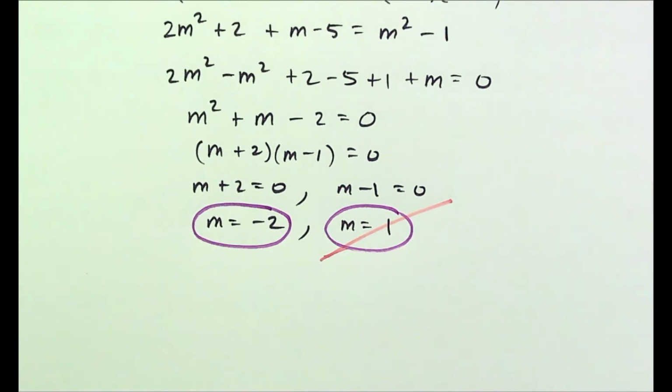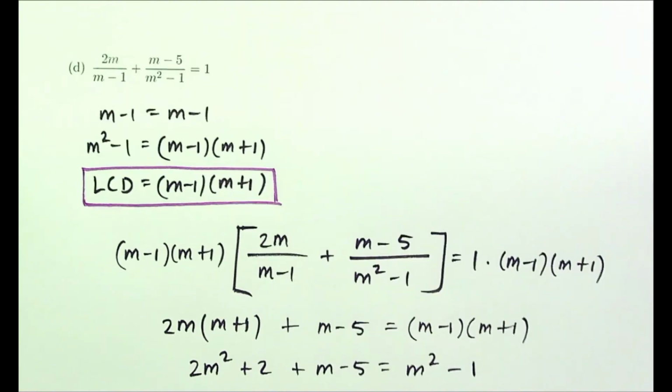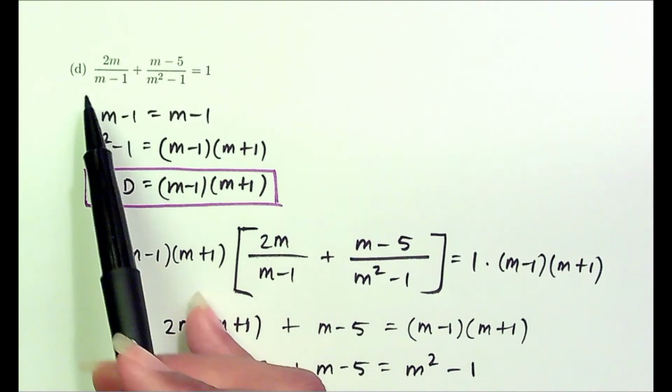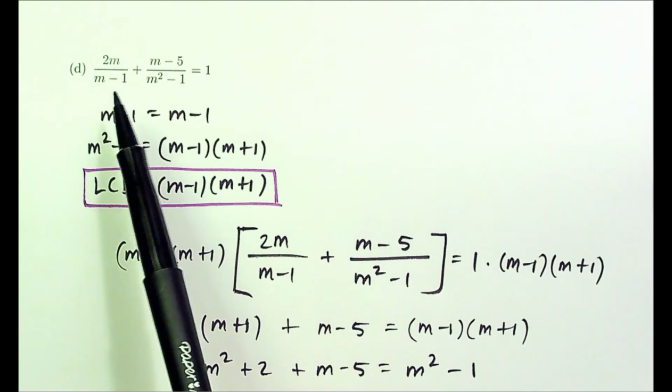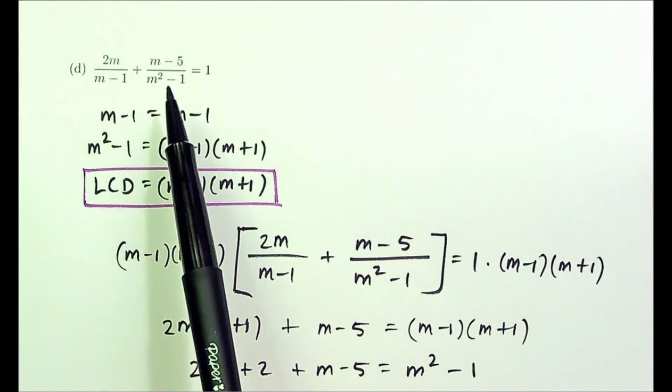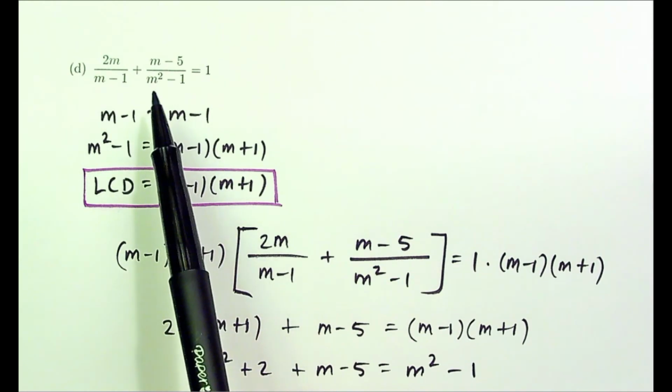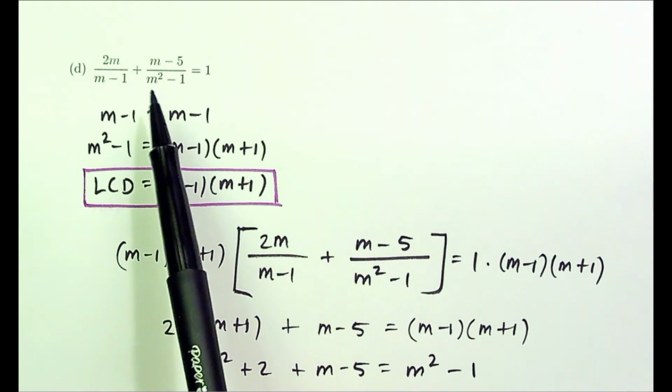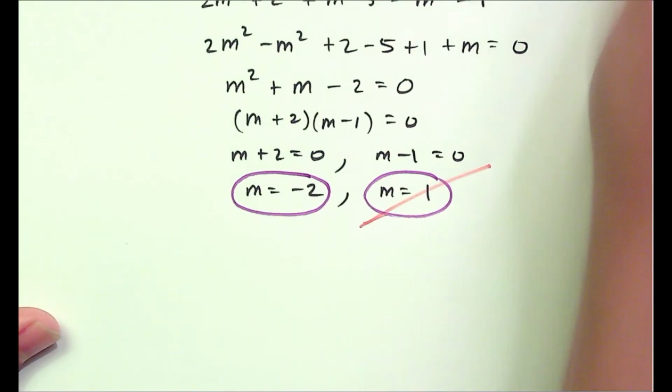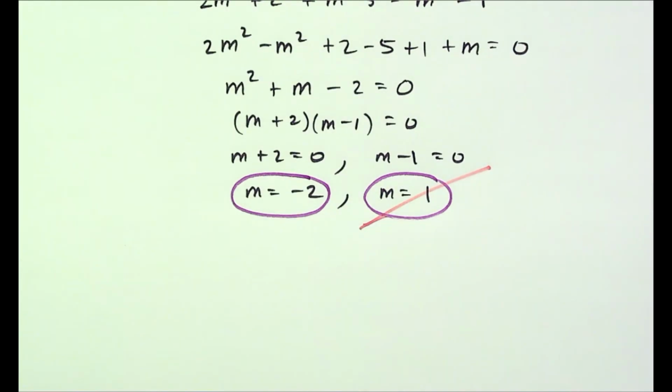And now let's check m equals negative 2. If you plug it in there, you're going to get negative 3 on the bottom, which is okay. And then if you plug it in here, negative 2 squared is 4, minus 1 is 3, and that's okay as well. So m equals negative 2, that is fine.